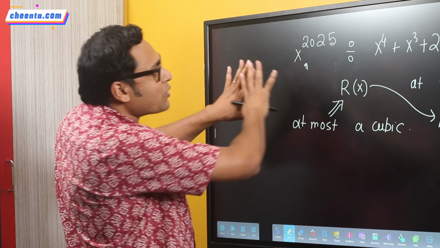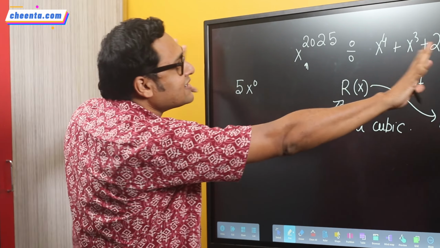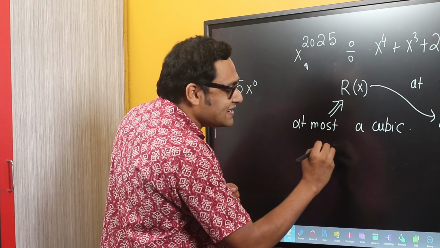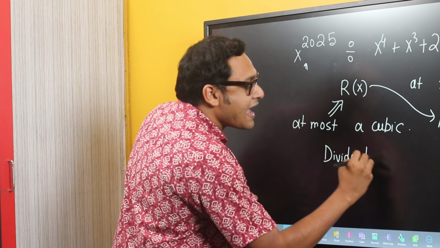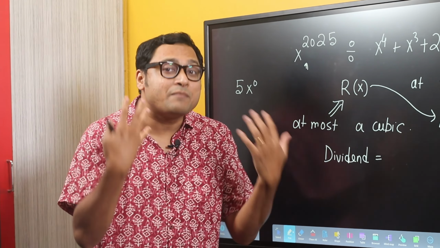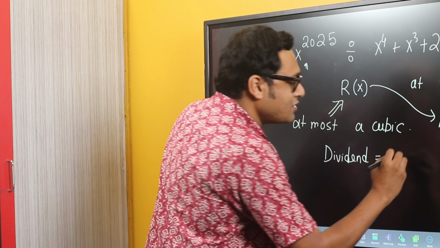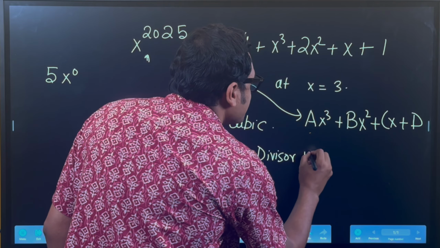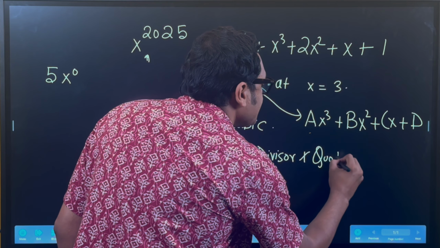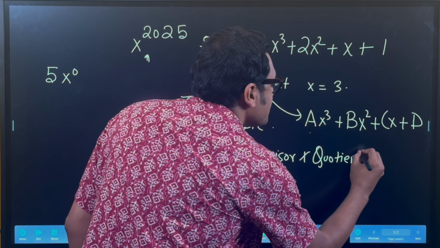Now, let us write this down using something called the division algorithm. What is a division algorithm? Informally speaking, it says that if you have a dividend and you are dividing by something, the dividend equals divisor times quotient plus remainder.